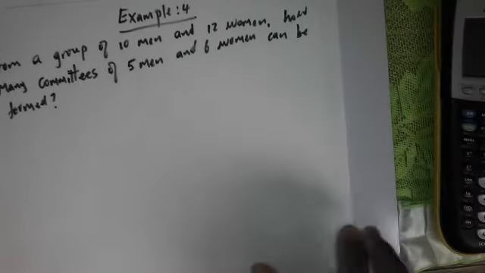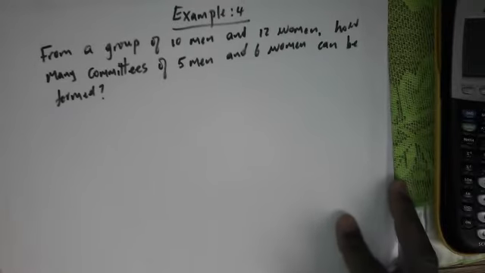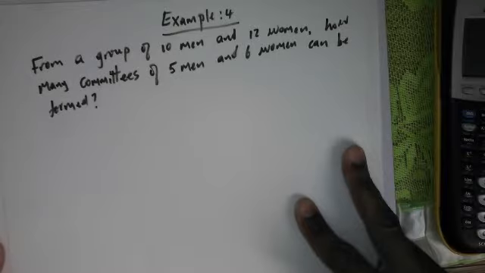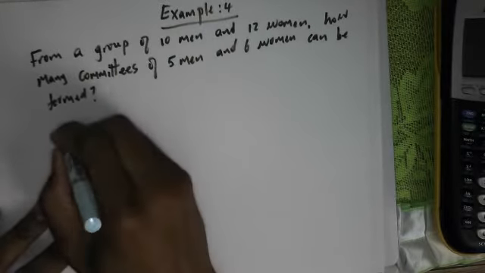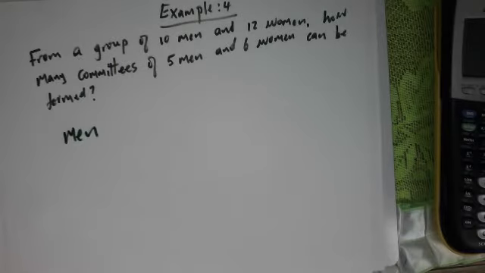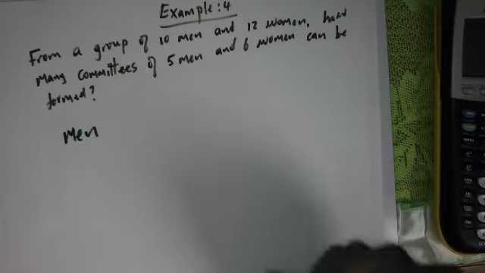Alright, let's look at our final example for this video. Questions like this normally give people trouble. It says: from a group of 10 men and 12 women, how many committees of 5 men and 6 women can be formed? I'm going to categorize this, with this part as men and this part as women.